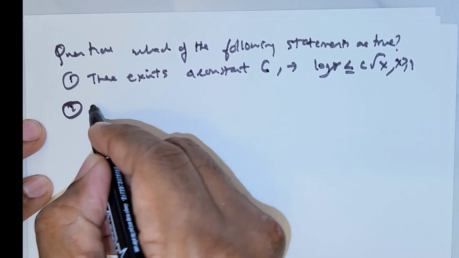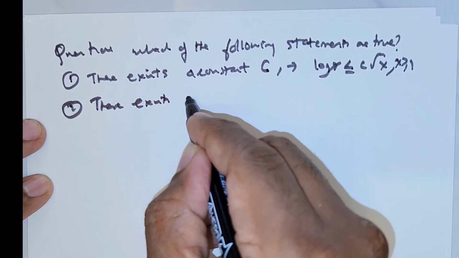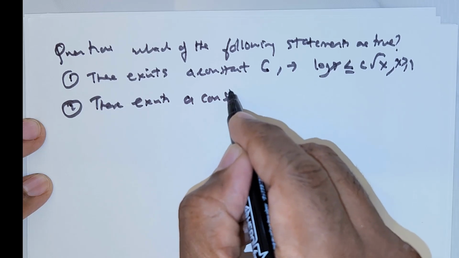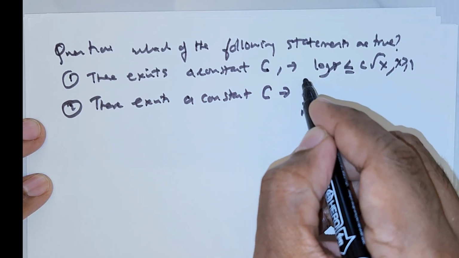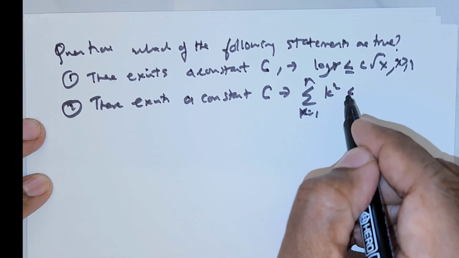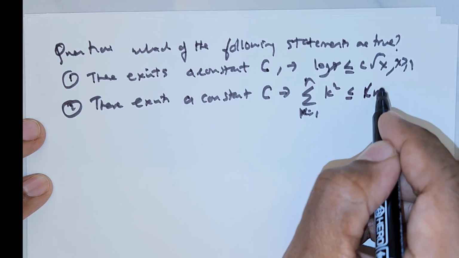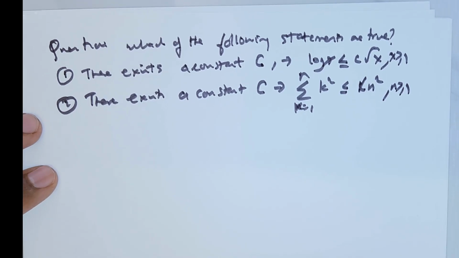Okay, question number 2. There exists a constant c such that the sum from k equals 1 to n of k squared is less than c times n squared for all n greater than or equal to 1.